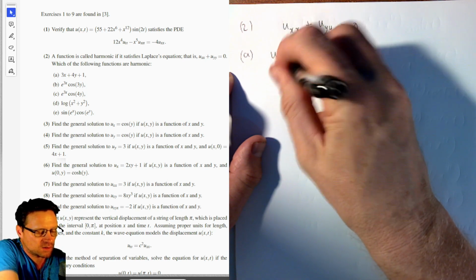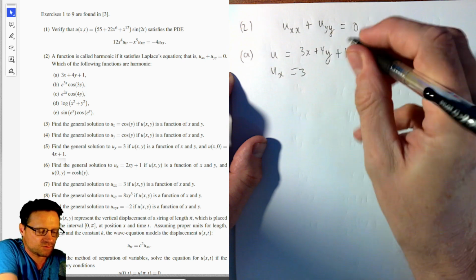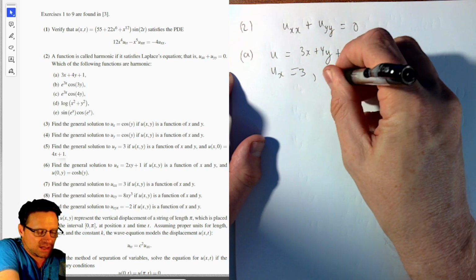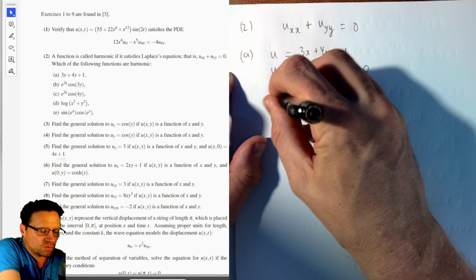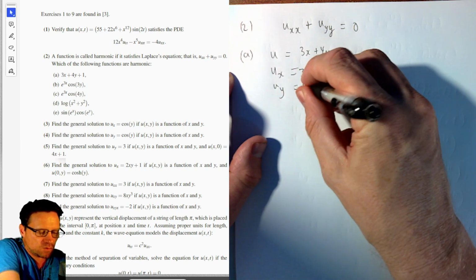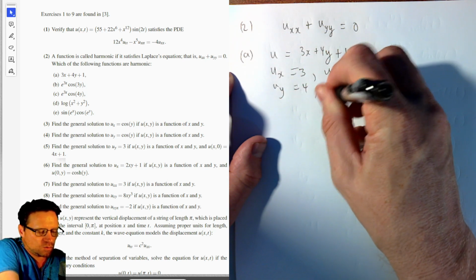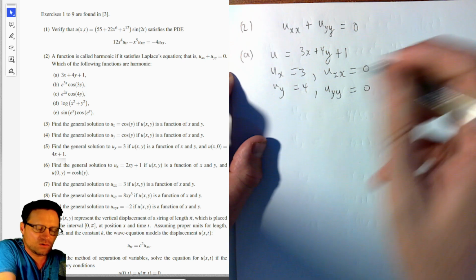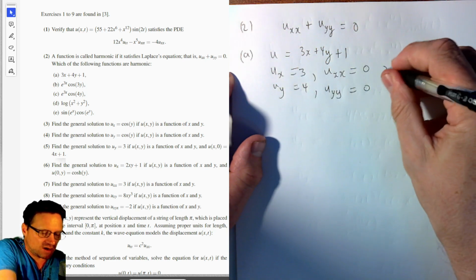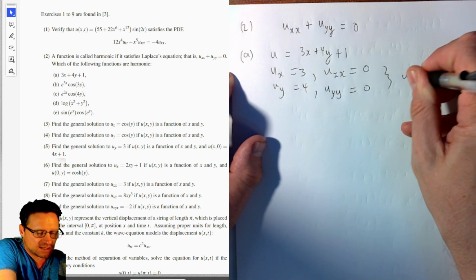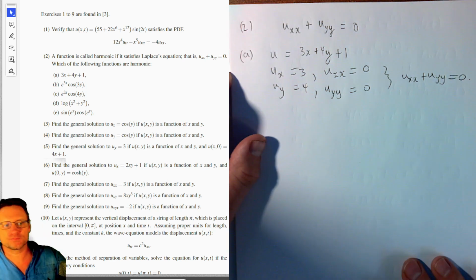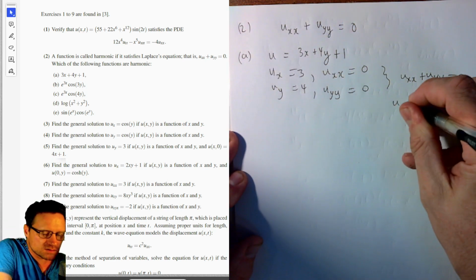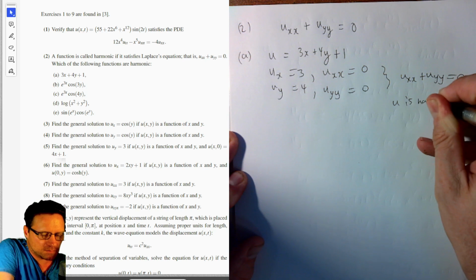Differentiating with respect to x, we just have 3, doing that again, u_xx is 0, u_y is 4, and u_yy is 0. So yes, it satisfies Laplace's equation, u_xx plus u_yy equals 0. So u is harmonic.